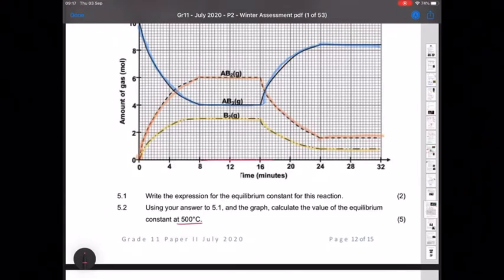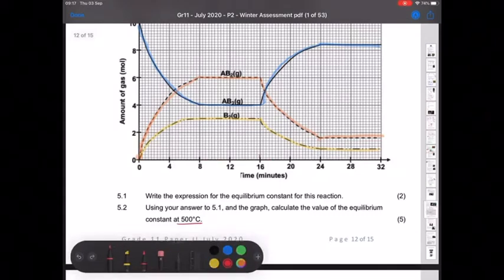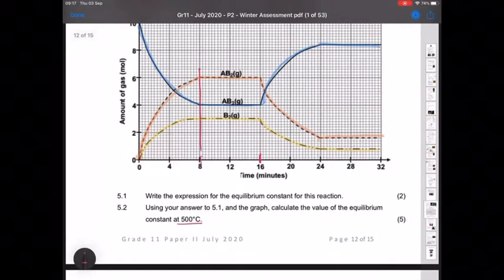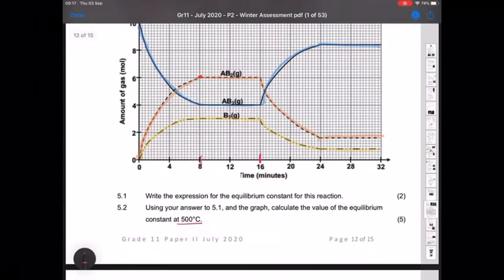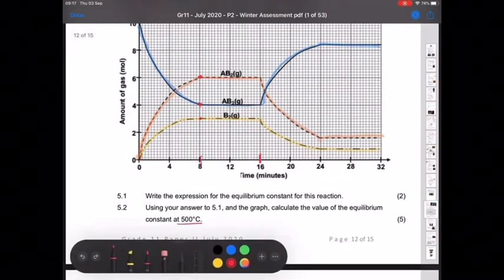Between 8 minutes and 16 minutes. And you can see that between 8 and 16 minutes, the concentrations of the reactants and product remain constant because the reaction is at chemical equilibrium. Okay, so we're going to take the value at 8 minutes because that's when the reaction does reach the 500 degrees, although all along it's the same, so wherever you take your value is fine.